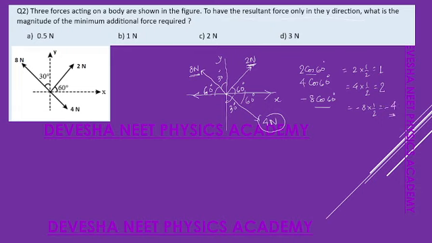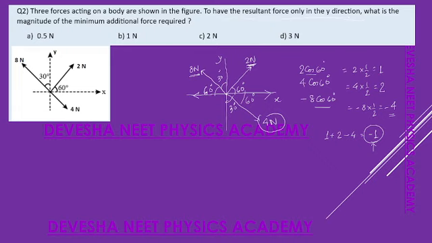So 1 plus 2 minus 4. So the resultant force in the x direction is minus 1.